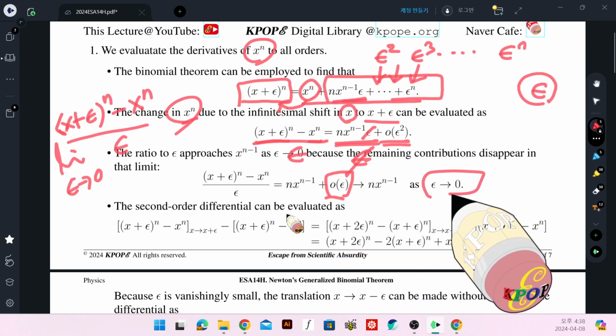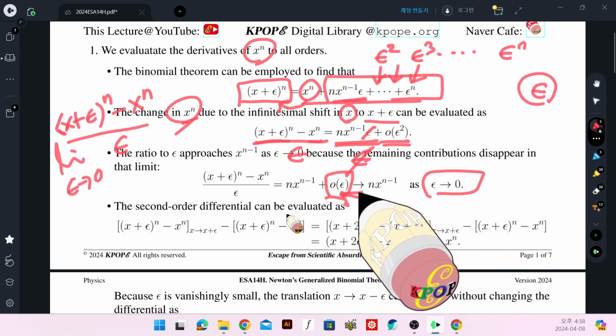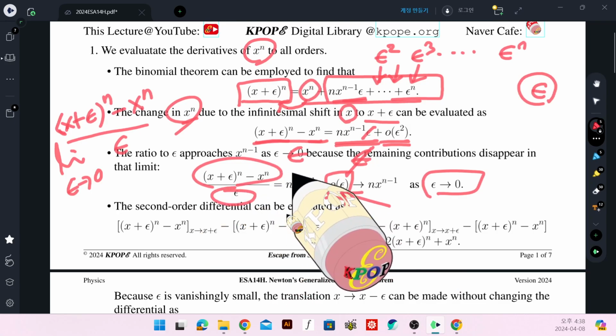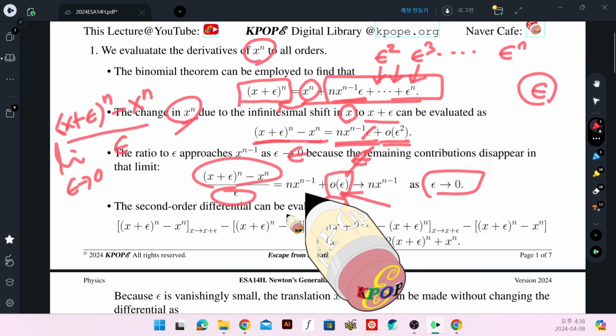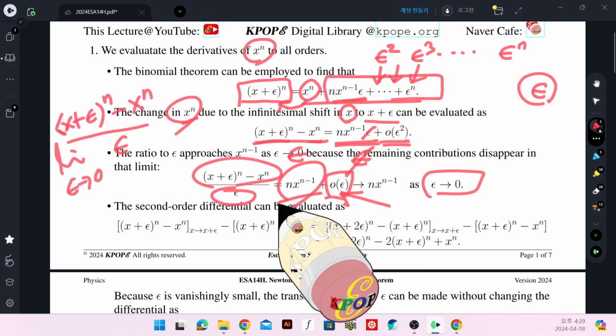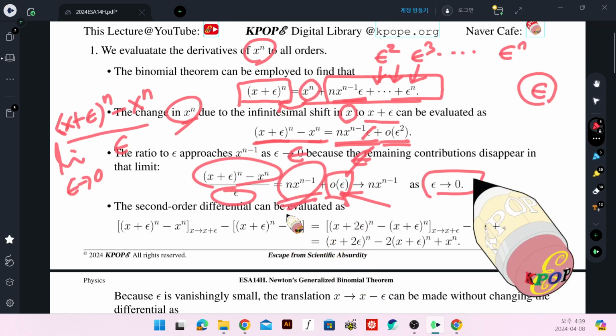Because epsilon goes to 0, this vanishes in the limit. Because the numerator and denominator are both going to 0, we should be careful, but the right side shows that this ratio reaches a finite value in the limit as epsilon goes to 0.